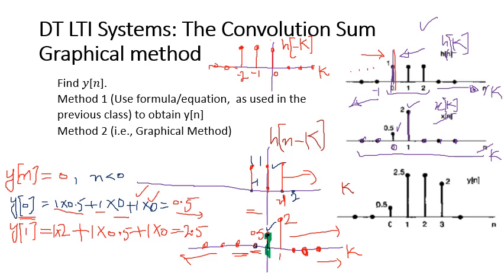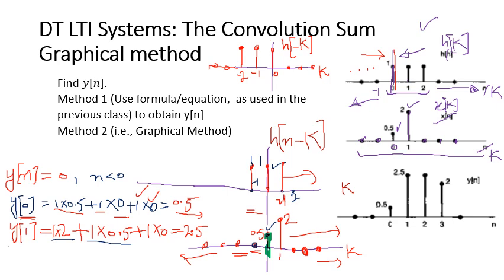What happens at y of 1? Now this signal has value of 1 and this has value of 2, so 1 multiplied by 2, which I mentioned here. Plus this is 1 and this is 0.5, so 1 multiplied by 0.5, which is mentioned here again. Now this is 0 and this is 1, so 1 multiplied by 0. Summing them will result in 2.5.